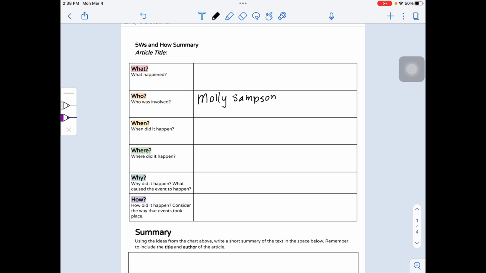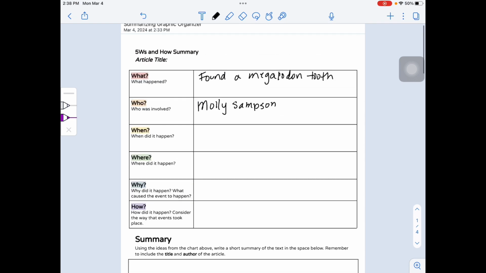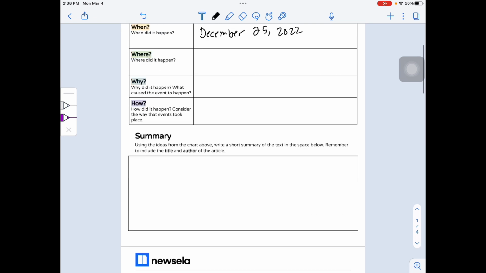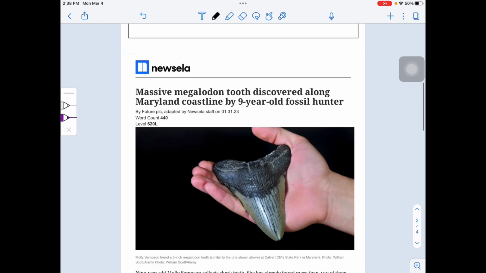The what is she found a megalodon tooth. When did it happen? I have that highlighted in yellow. December 25th, which is Christmas, by the way, 2022. The where was easy to find in this article as well. I have this in green here. Calvert Cliffs State Park in Maryland.